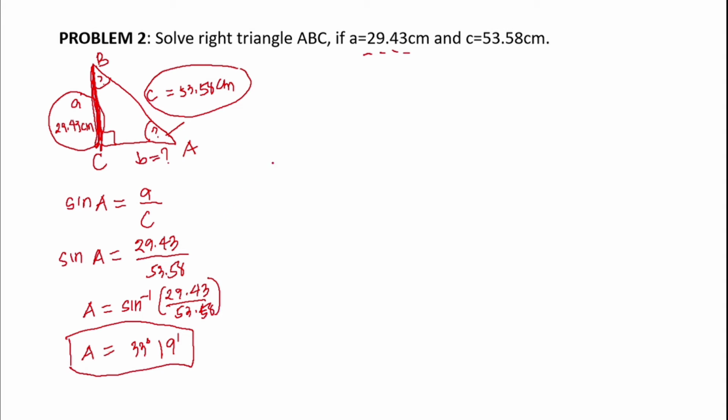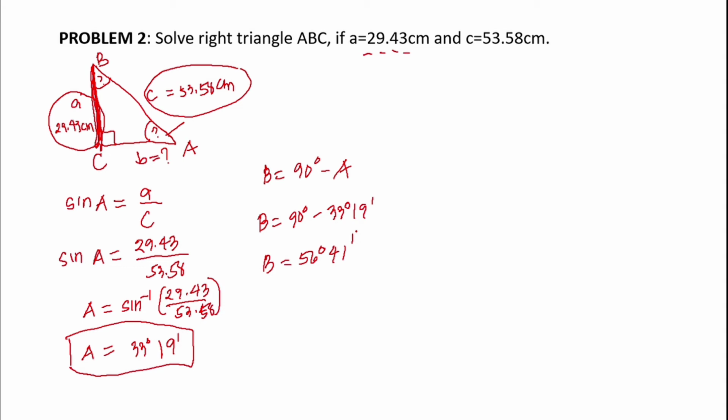To solve for B, since we have here A is equal to 33 degrees and 19 minutes, B is equal to 90 degrees minus A. So B is equal to 90 degrees minus 33 degrees and 19 minutes. Therefore, the value for our B is equal to 56 degrees and 41 minutes. So that is all about the angle B.